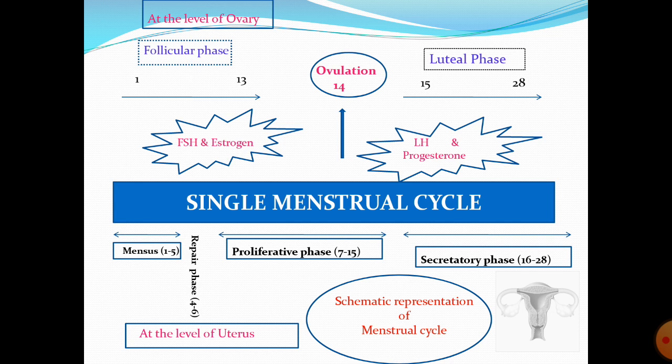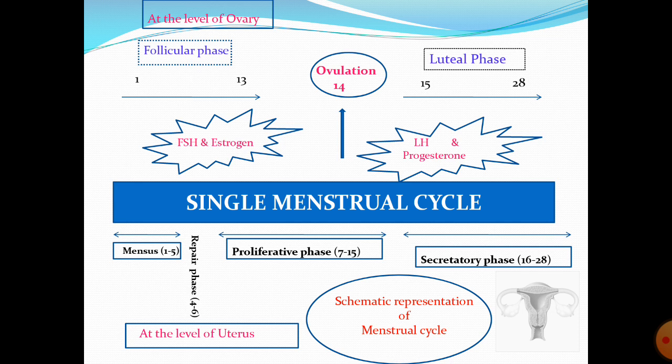At the level of the ovary, two phases can be recognized. One before ovulation, that is from day 1 to day 14, called the follicular phase, and the other after ovulation, that is from day 15 to 28, called the luteal phase.